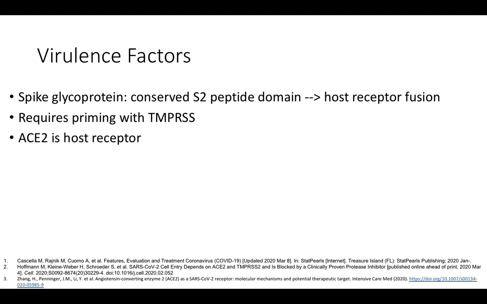So this is also an enzyme that is targeted by a number of blood pressure medications, and it's involved in the pathway that regulates blood pressure in our bodies. And so there's a lot of research also being done regarding the advantageous or adverse effects of blood pressure medications on the coronavirus and risk of coronavirus. And so that's also really important to understand.